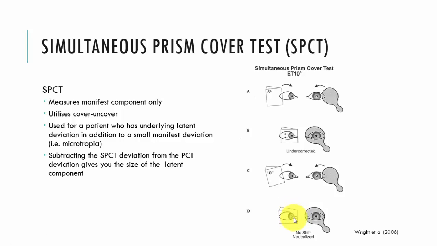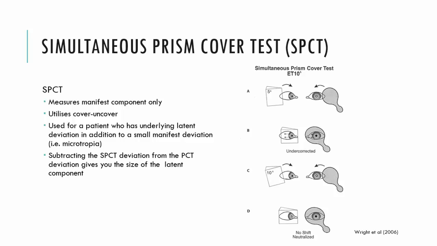Why? Again, same reason as for the PCT. The light rays have deviated towards the fovea, and therefore there's no need to make a movement to take up fixation. So in essence, what we're doing is we're covering and uncovering the fixing eye, and when we go to cover, we're also introducing the prism in front of the deviating eye.